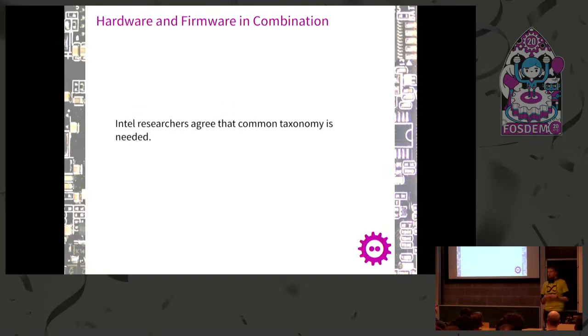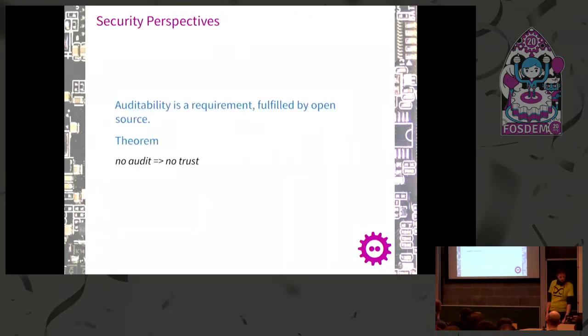Now, Intel researchers actually just wrote about this. They agree that we need a common taxonomy to talk about those things, so that we don't misunderstand each other. This is my security perspective. Some people also agreed that we need to be able to audit our stuff. If we cannot audit something, we cannot trust it, and therefore, no audit, no trust.